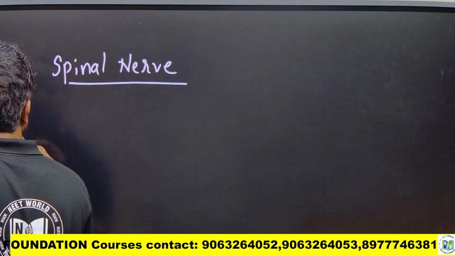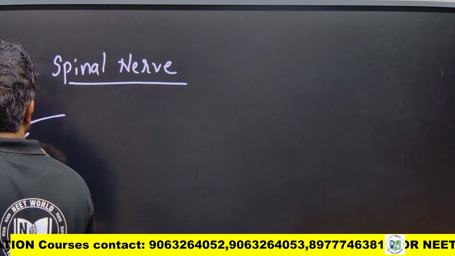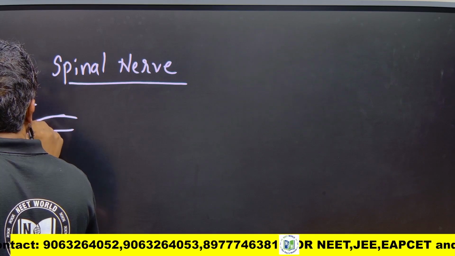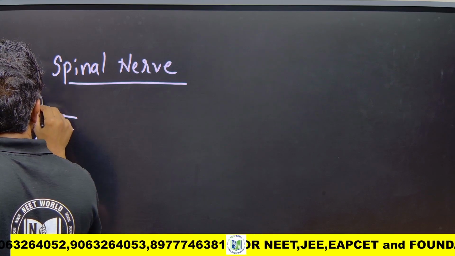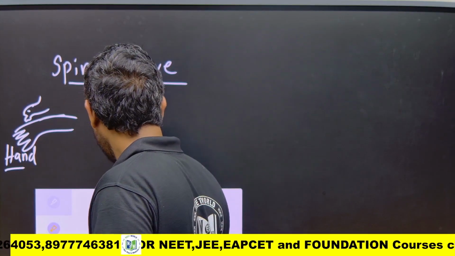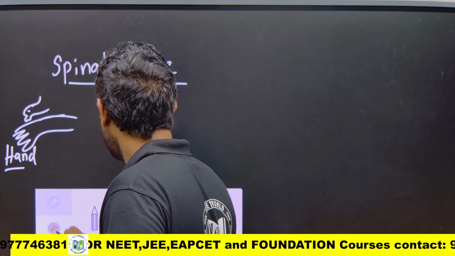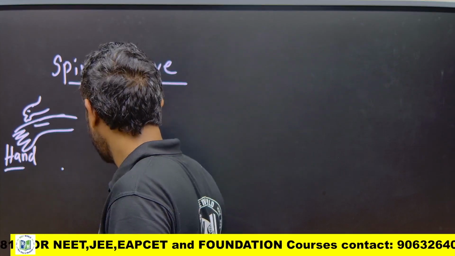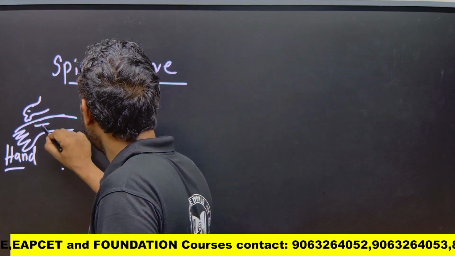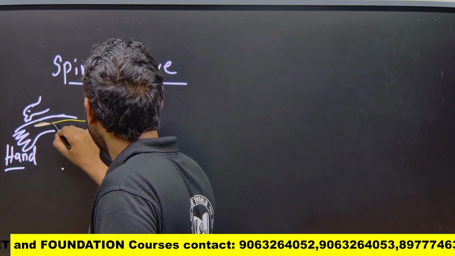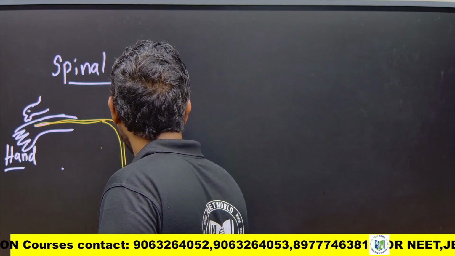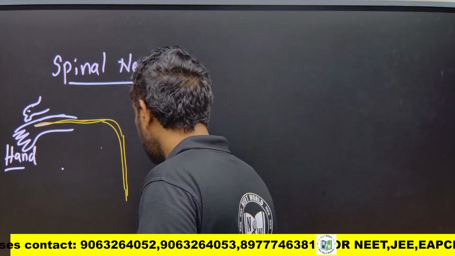This is your hand, and there is a mosquito on your hand. From your hand, the sensory information is carried forward. Which part does it enter first? It first enters the spinal cord.